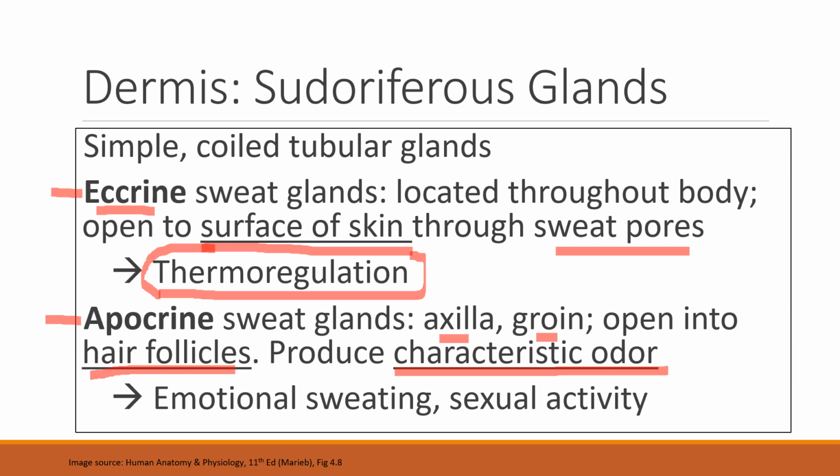That results in the classic body odor, or BO, right? It's usually due to emotional sweating, so anxiety, stress, that sort of stuff. It could also be activated during sexual activity as well.